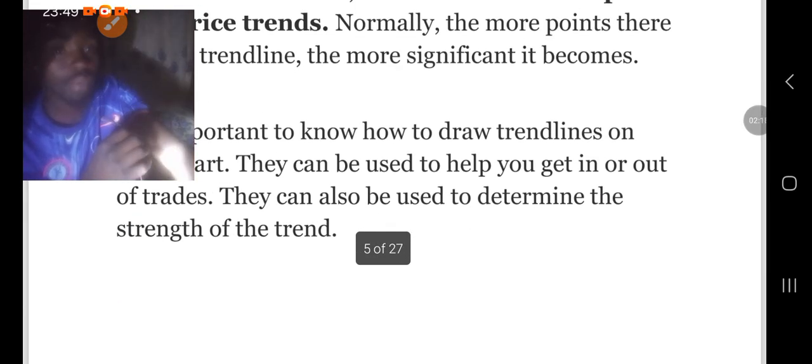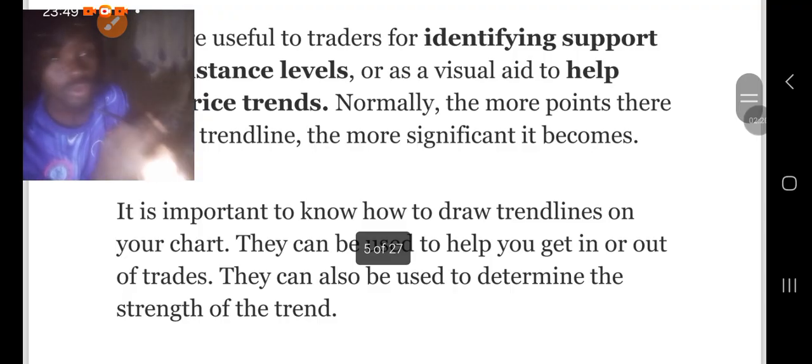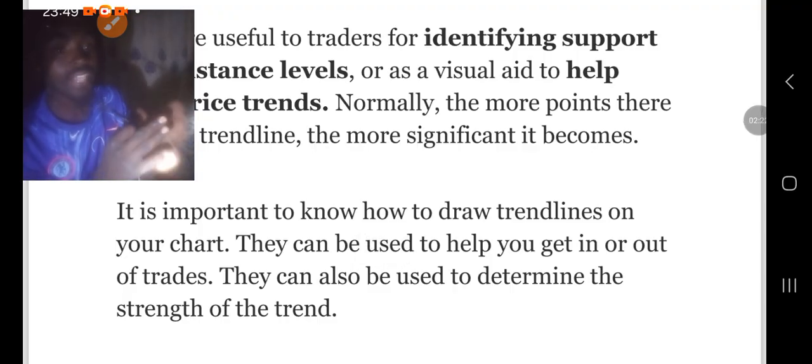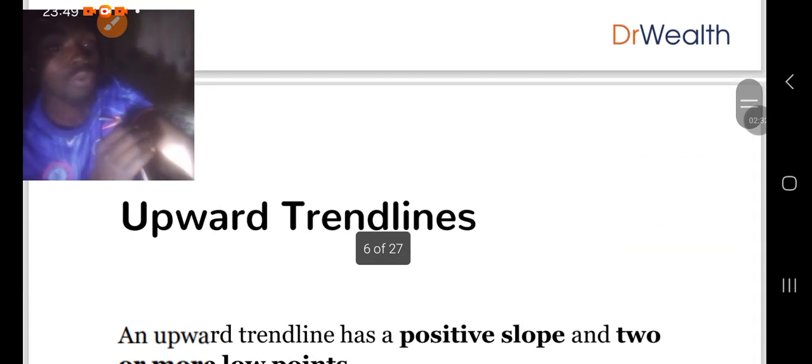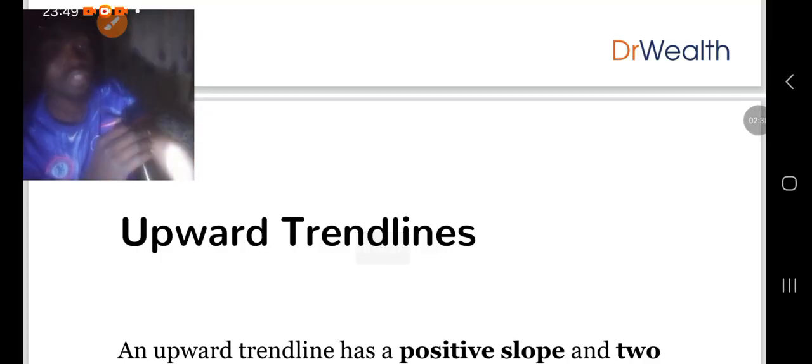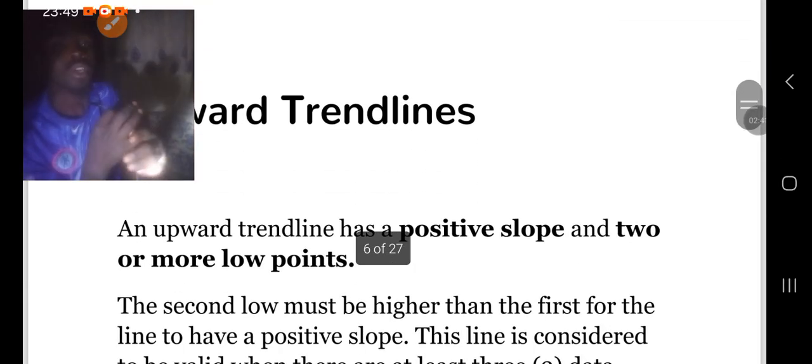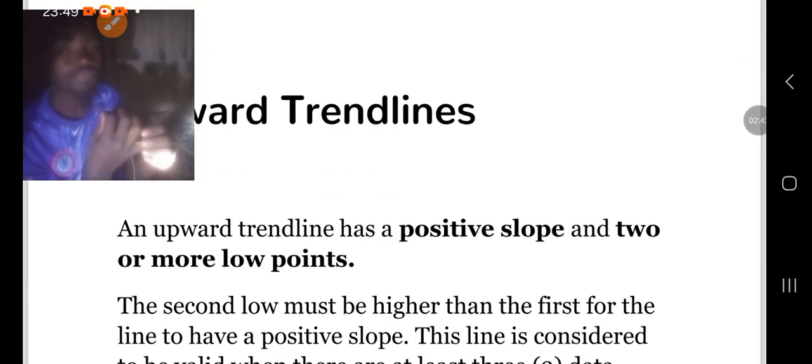It is important to know how to draw trend lines on the chart. They can help you to get out of the trend, and they can also be used to determine the strength of the trend. So we have different types of trends. Let's look at the uptrend.